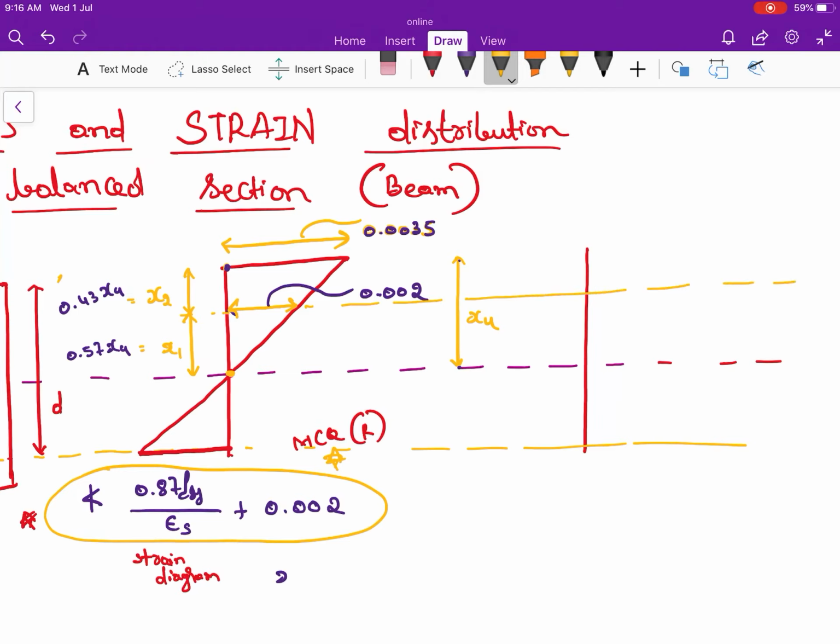Exactly at this position, stress is going to act, the value is 0.87 Fy. Is it fine?